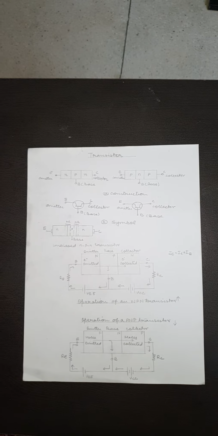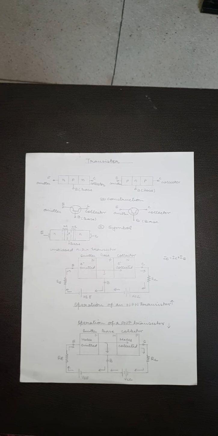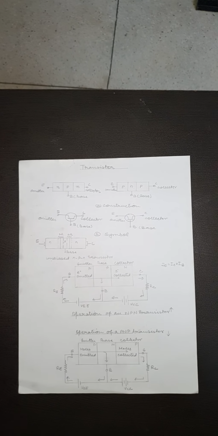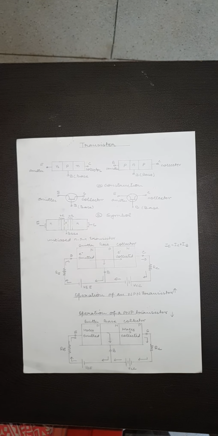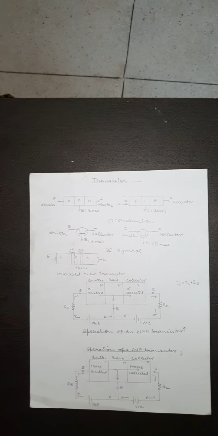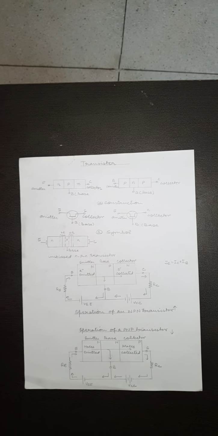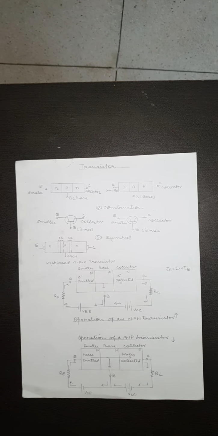Operation of PNP transistor. The PNP transistor behaves exactly in the same manner as NPN device. The only difference is the majority carriers are holes instead of electrons. As shown in this figure, holes are emitted from P-type emitter, cross the forward bias emitter base junction into the base.